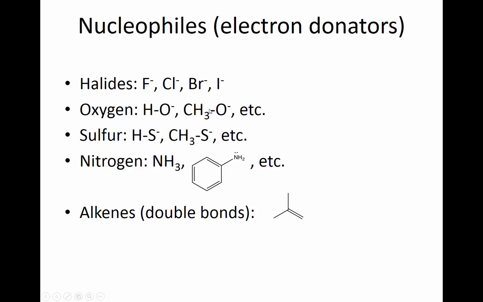An alkyl oxide here. Sulfur, sulfhydryl, and the alkyl sulfide or whatever. These are good nucleophiles. Nitrogen, with its free electron pair right there, is a good nucleophile. These are all good electron donators, including alkenes. The double bonds there make a great nucleophile.